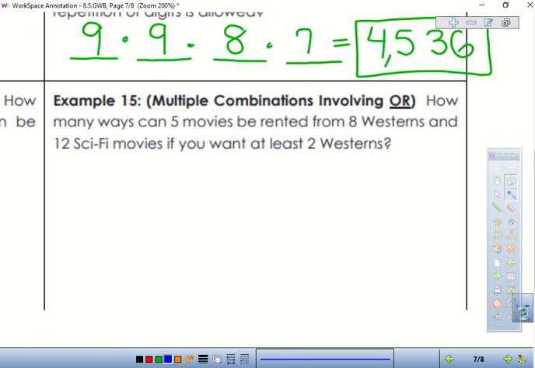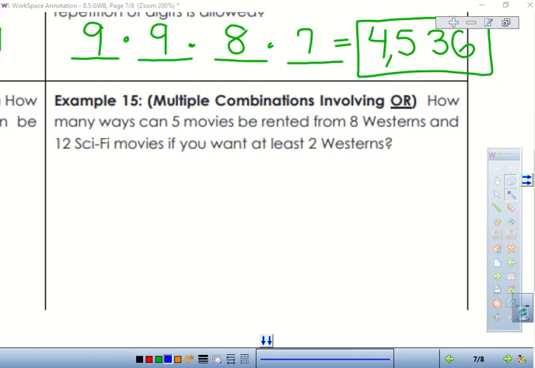So the next one. How many ways can 5 movies be rented from 8 westerns and 12 sci-fi movies if you want at least, this is where it gets complicated, at least 2 westerns? This one's a little bit tricky. If you want at least 2 westerns, that means you're okay with 2, 3, 4, or 5 of them being picked. So there are several different scenarios that can happen.